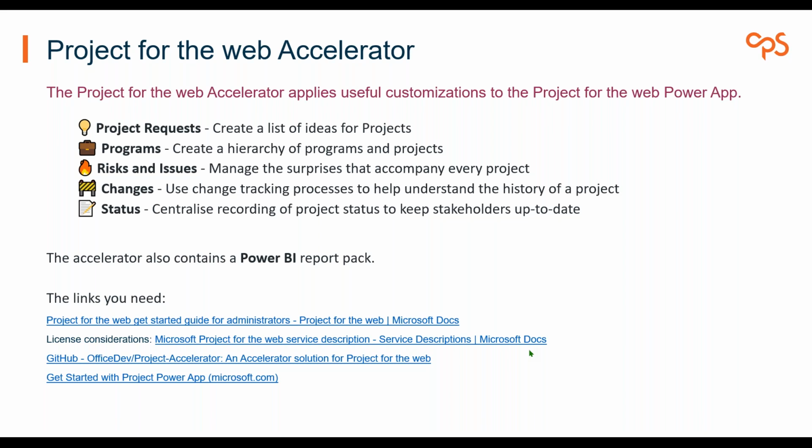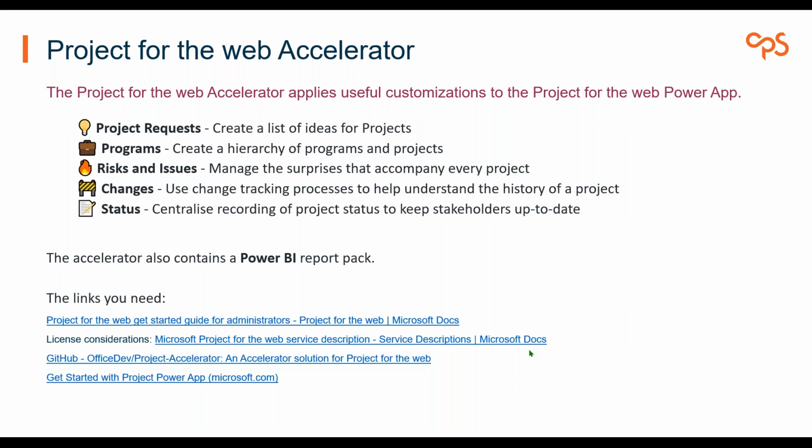So how do you get started with project for the web? Because you need that up and running first. We talked about the licensing considerations that you'd need to think about. And then it gives you the ability to go to GitHub, where you can actually download the accelerator solution that we just looked at today.